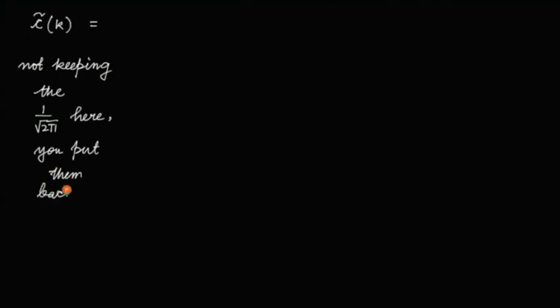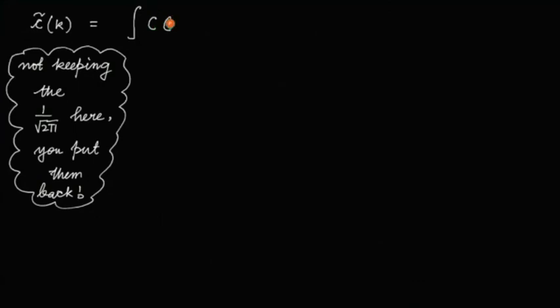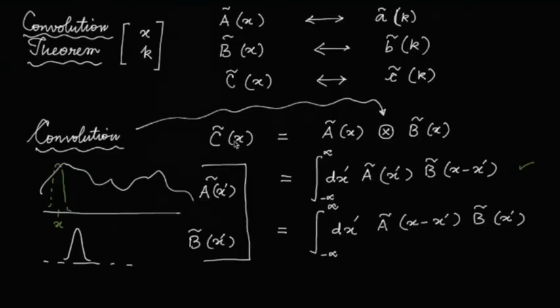Okay. So I just write this as the integral of C(x) e to the power ikx dx. But then, C is by definition, if you remember, the convolution of A and B, which is defined this way.